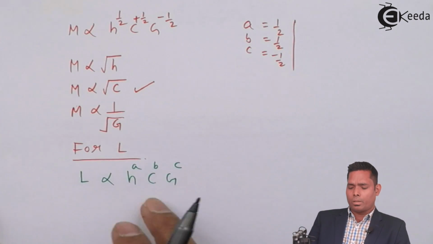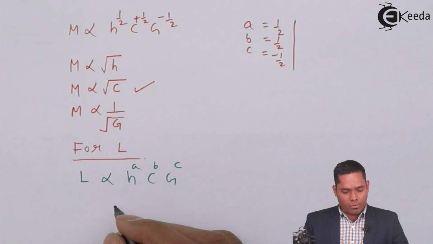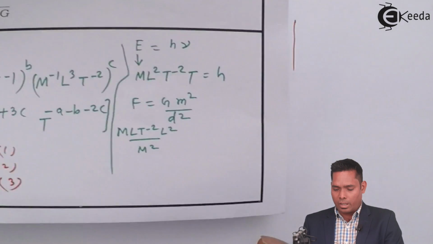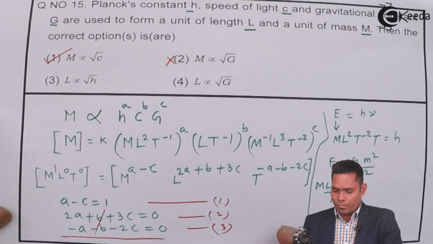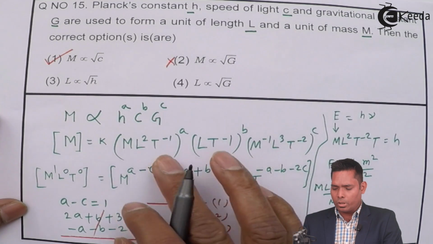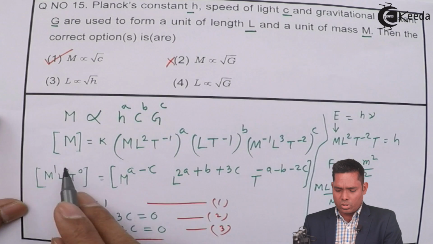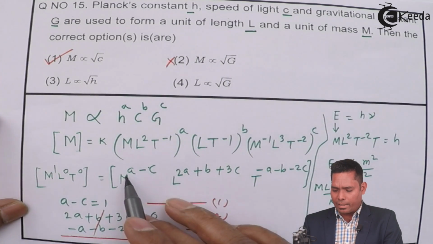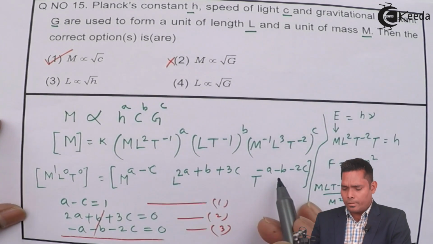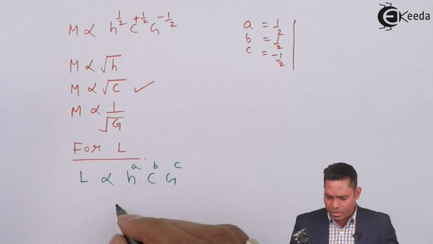This is the new formula for L. The right part will remain the same, so there is no need to write this expression again. Only this part will change, so I'm directly writing this one.